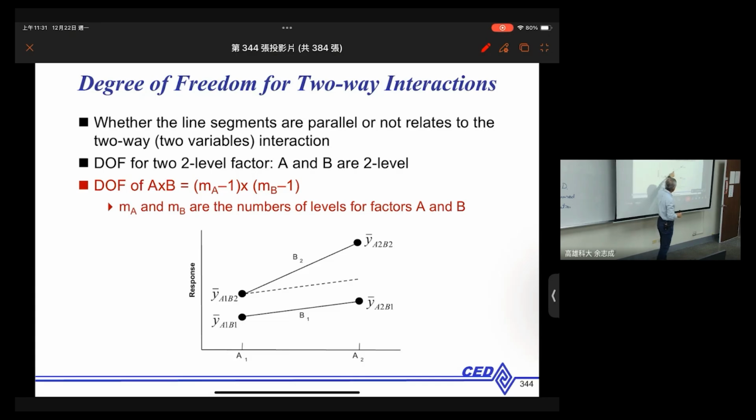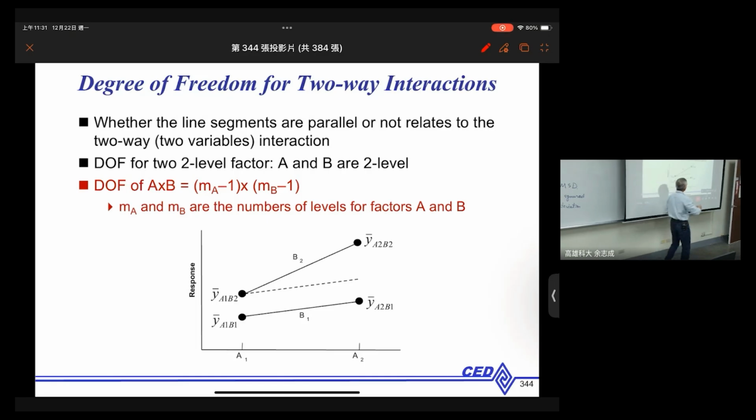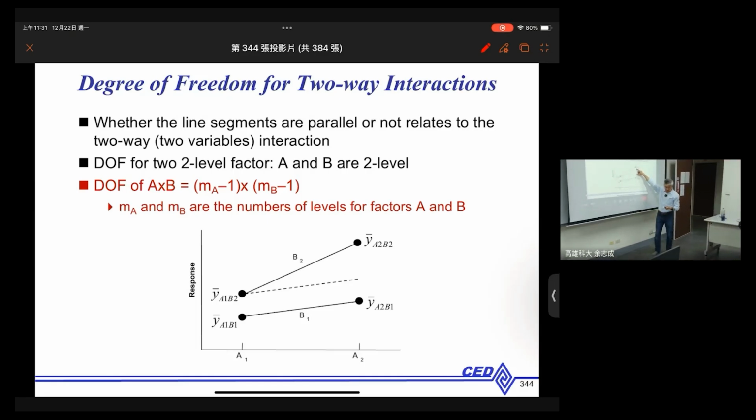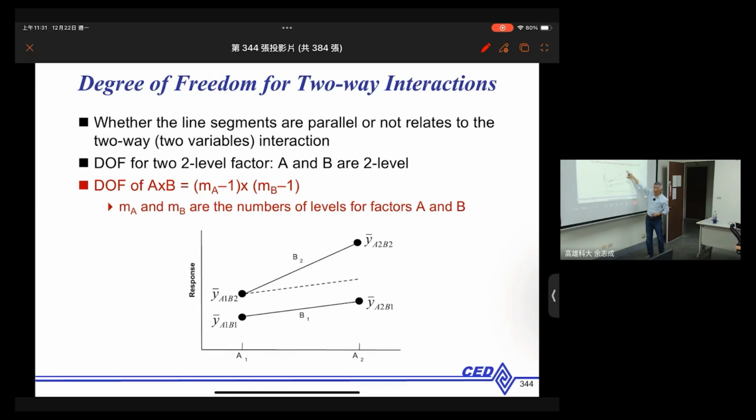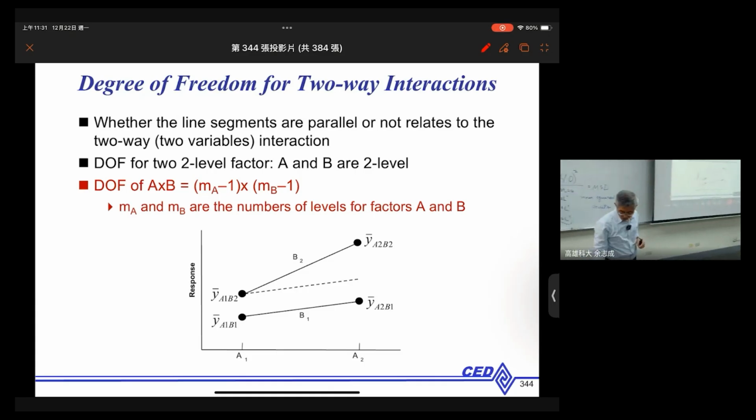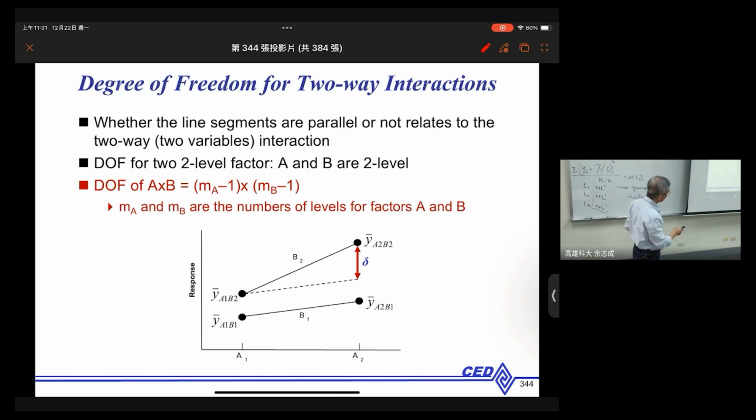In the interaction plot, we have 2 lines. So the strength of the interaction effect can be determined by the difference between these 2 lines. If this is big, interaction strong. Small, interaction small. Therefore, there will be only 1 degree of freedom in this case, for a 2-level interaction.